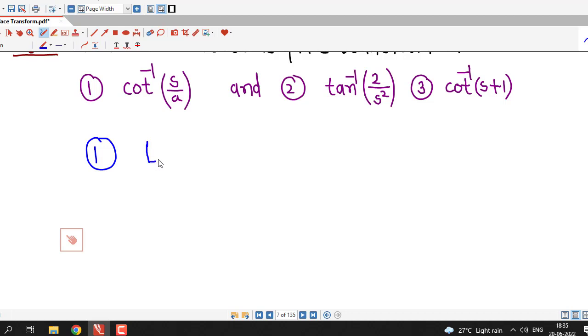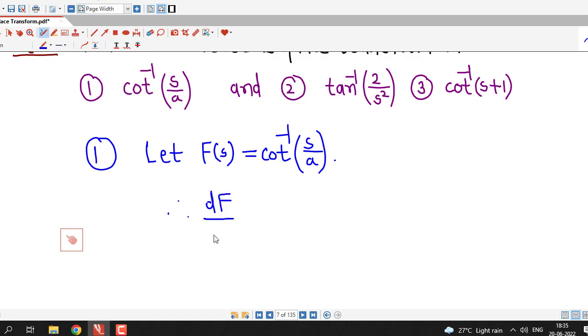So first function is cot inverse of s by a, and that we denote by F of s, cot inverse of s by a. And we first differentiate this capital F with respect to s. Therefore dF by ds equal to derivative of cot inverse, and we are familiar with the formula of derivative of inverse cot function.